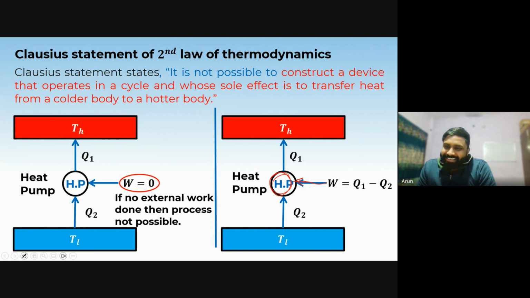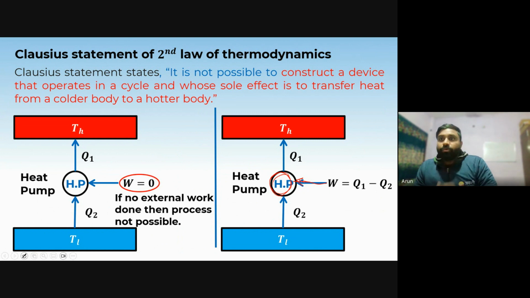Not oven. It is fridge or refrigerator in your household or in your school canteen. So what is a refrigerator doing? The refrigerator is making the place inside the chamber more and more cold. So what it is doing? It is taking heat from the cold place and rejecting it to the atmosphere. Got it? So that device is a refrigerator.